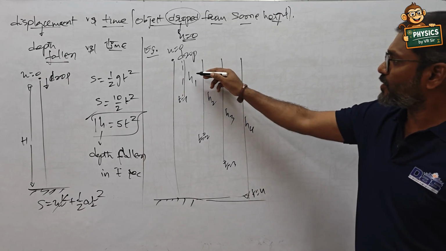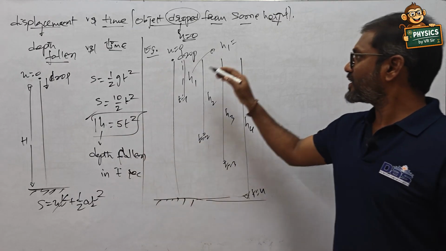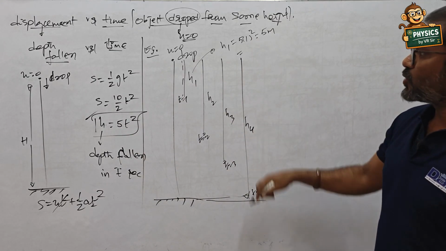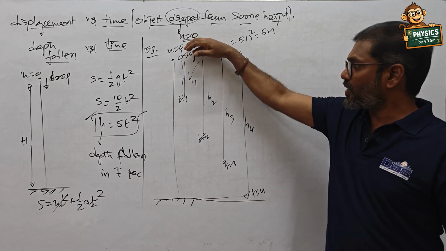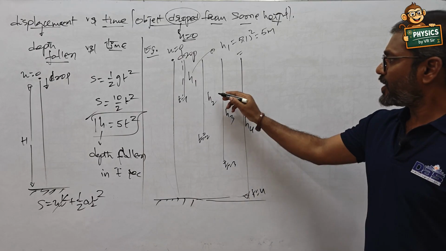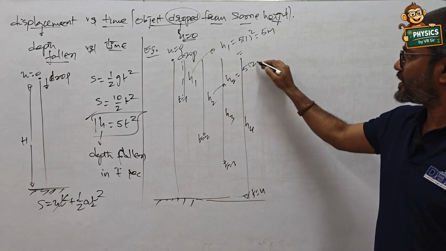Now how do we calculate how much depth it falls in 1 second, h1? Use this formula: 5 into 1 square, which is nothing but 5 itself. So when an object is dropped from some height, in 1 second it falls 5 meters. Now in 2 seconds, how much depth does it fall? 5 into 2 square, isn't it?